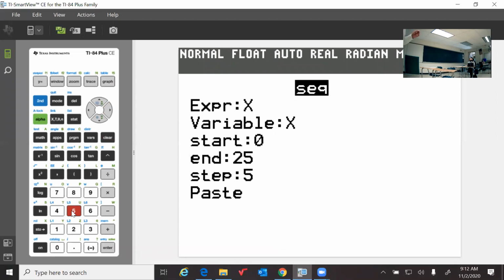Now, if you have the older calculator, these commands are what you type in, you're just not getting the prompts. So if you have an older 84, you would type in x, comma, 0, comma, 25, comma, 5. Close parentheses. If you have the newer one, it's telling you what you want.